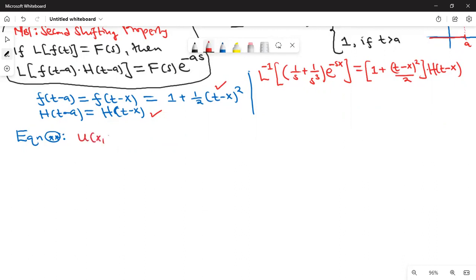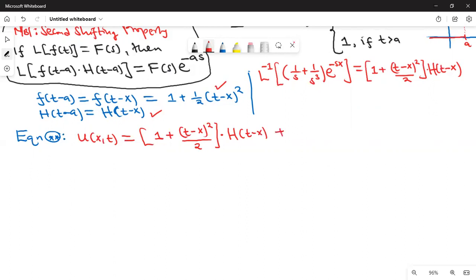On the right hand side, we are going to get 1 plus t minus x, squared, divided by 2, then we multiply this by the Heaviside function of t minus x.